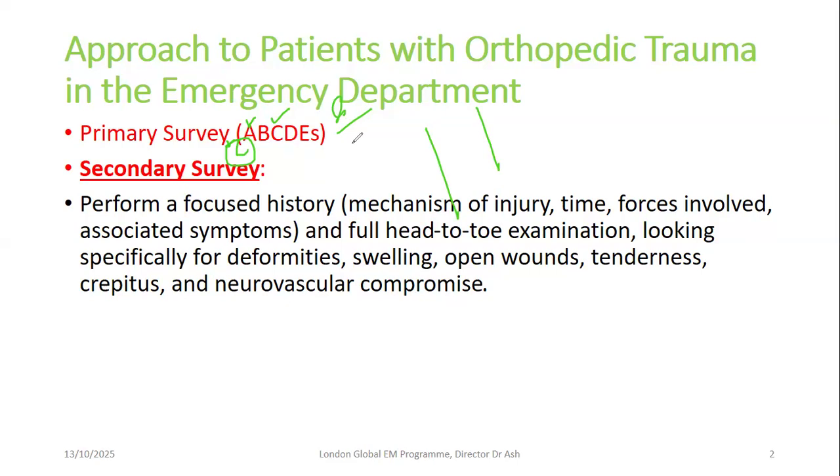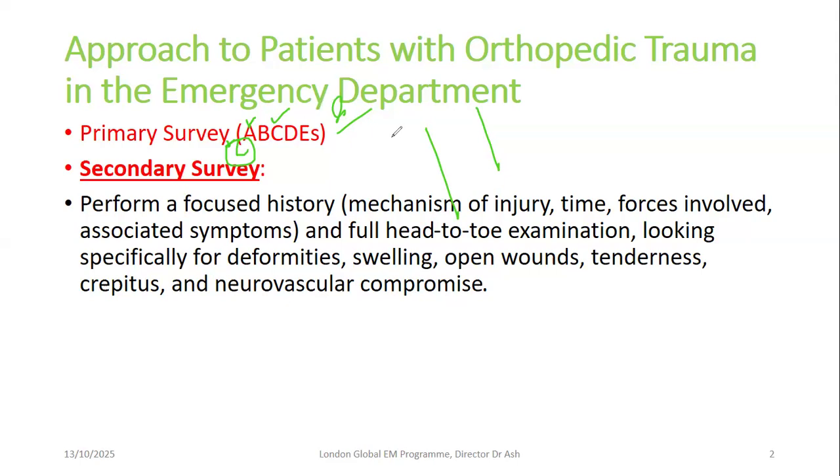Next, in D, you must go through the GCS, AVPU: alert, verbal, pain, unresponsive. And blood sugar, that's very important. Pupils will tell you information about any head injury.